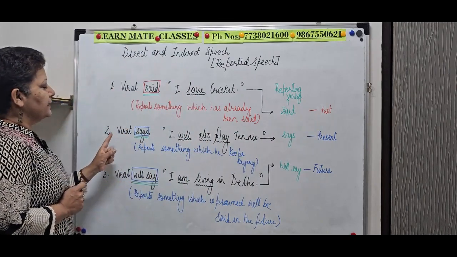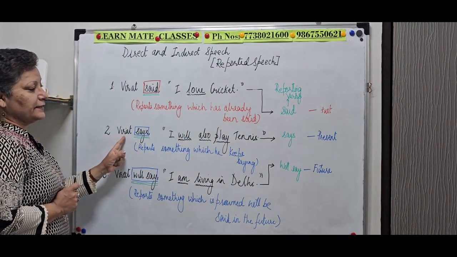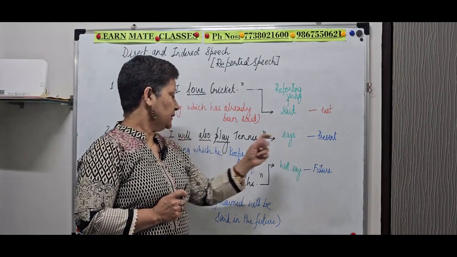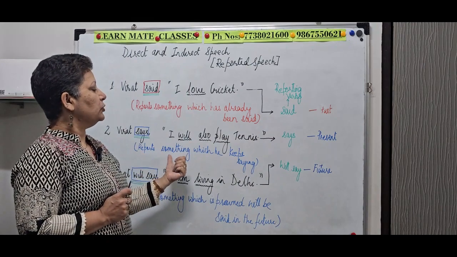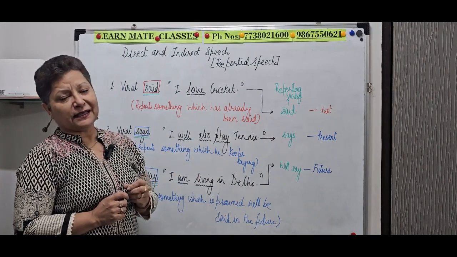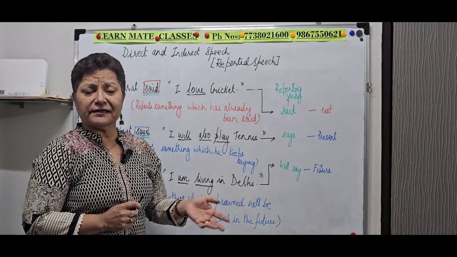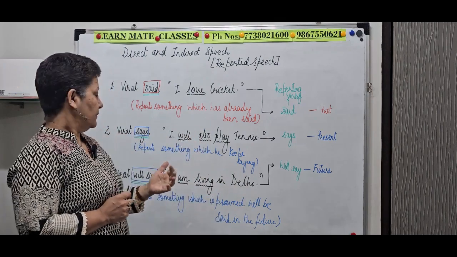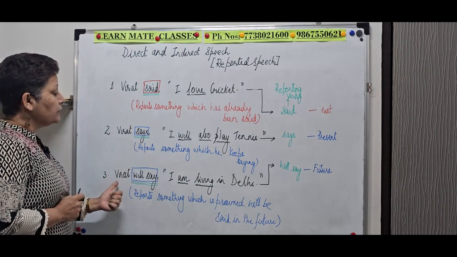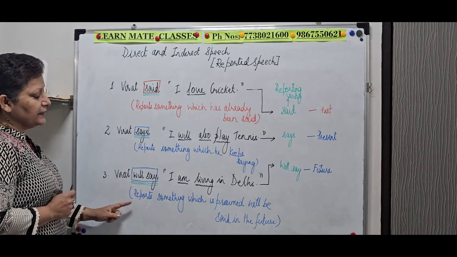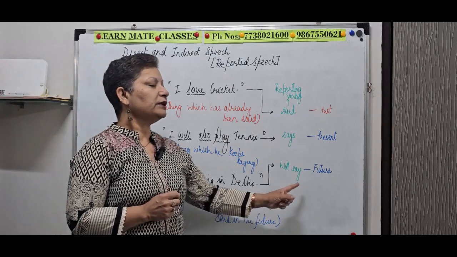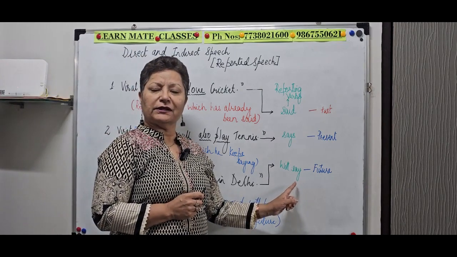Now, when I say Virat says, it's something which is happening at the present moment, and it reports something which he keeps saying. Virat says this, Ankit says this. So it's something which is being said again and again. Now coming to what Virat will say, it's reporting something which is presumed will be said in the future. So it talks about something which is in the future.